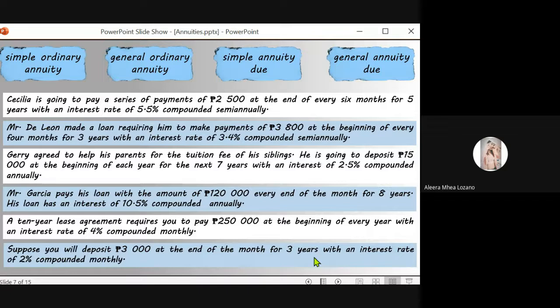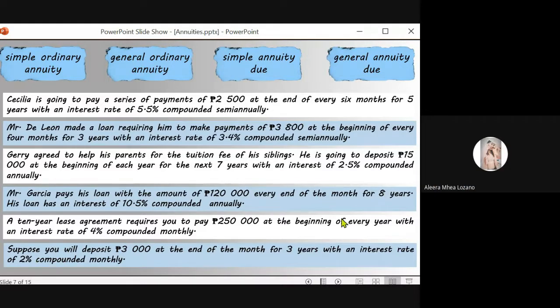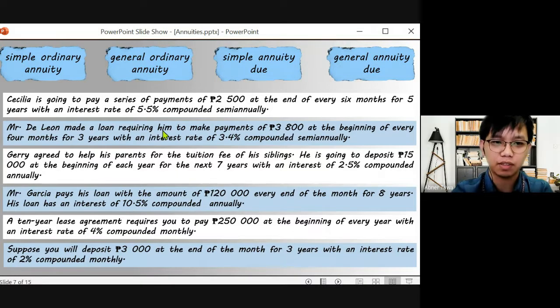Sir, simple ordinary annuity, kasi it is compounded monthly, yun din yung sabi dito sa explanation sa module. Okay, sige, let's check. Titignan natin kung anong sagot nga talaga. Is it simple ordinary annuity, general ordinary annuity, or general annuity due?